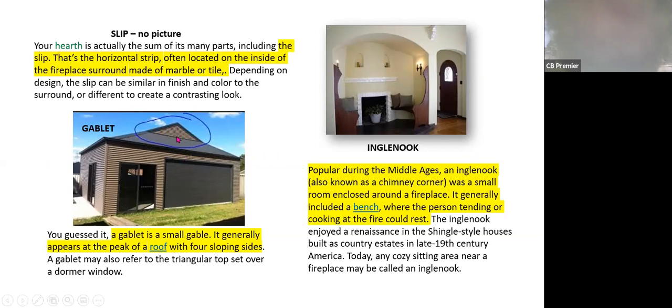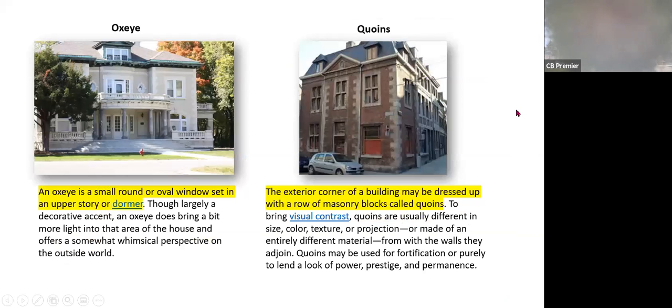It's at the peak of the roof where it all slopes together, just this triangle portion, like over a dormer window on your Cape Cods and things like that. If you forget these, this is being recorded, so you can come back and look.